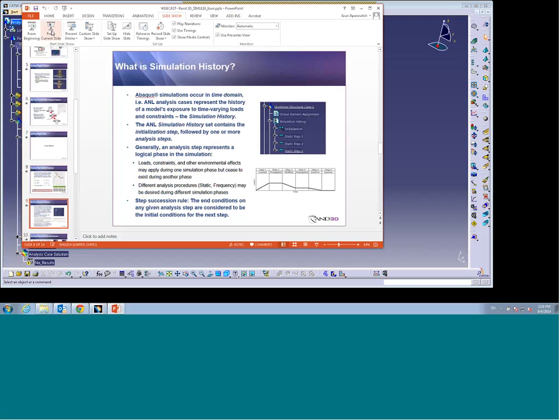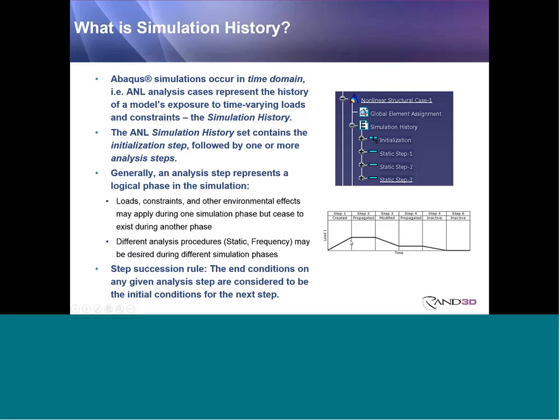The fundamental concept of Abaqus analysis is that everything is considered to be happening in time domain. So in other words, your analysis case represents the history of a model exposure to all kinds of time-varying loads, and this is what is called simulation history. Like on this slide, as you see, the simulation history consists of initialization steps and actually 3 static steps.